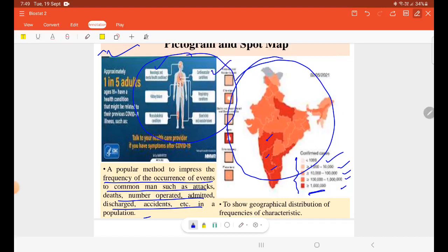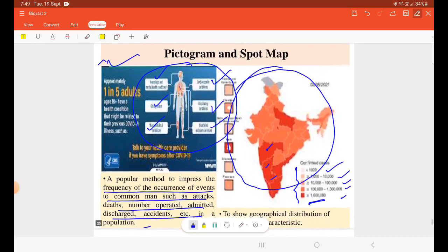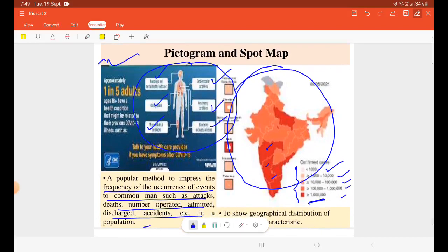How many people had respiratory system involvement? Against the lung it can be labeled. So also accordingly GI system, renal system, musculoskeletal system, and peripheral nerves. That is how the frequency can be shown in a picture. So these are the spot map, and another one is pictogram.